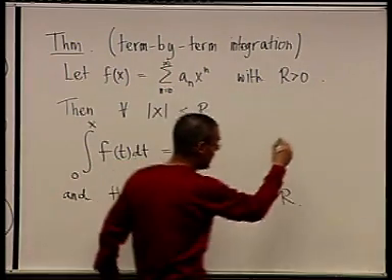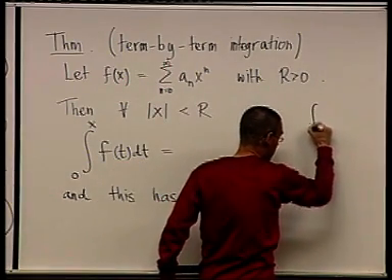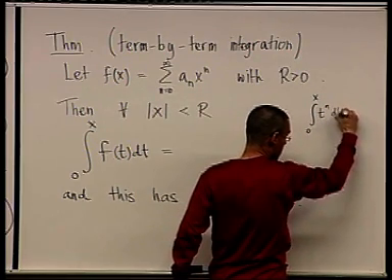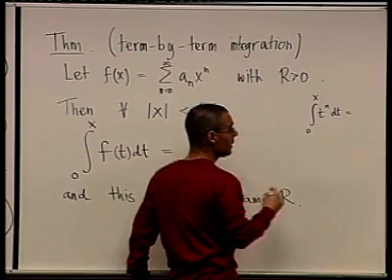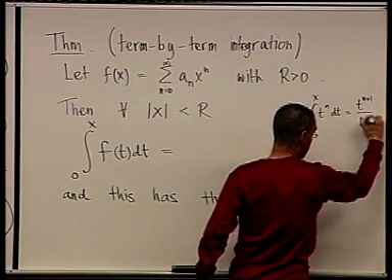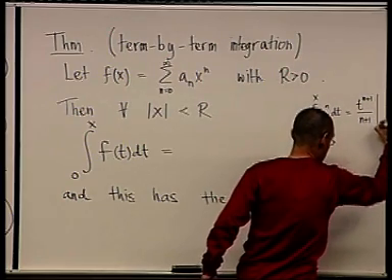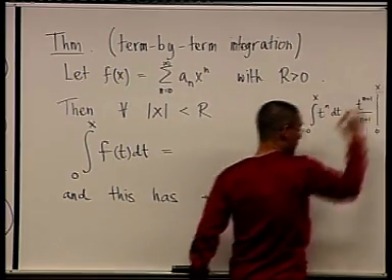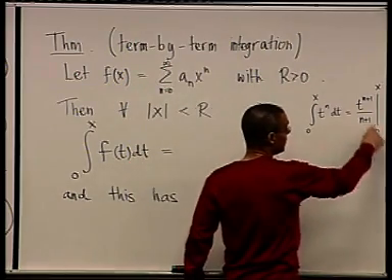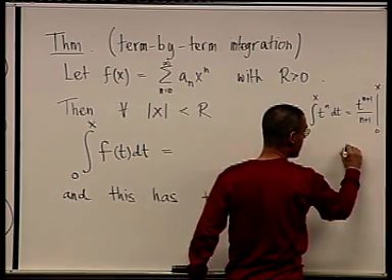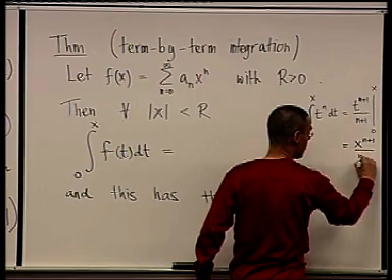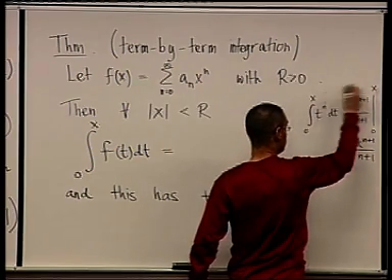Let's do a little side calculation here. What's the integral from 0 to x of t to the n dt? It's t to the n plus 1 over n plus 1, evaluated between 0 and x. This is Newton-Leibniz. When you plug in 0, you get 0. When you plug in x, you get x to the n plus 1 over n plus 1.